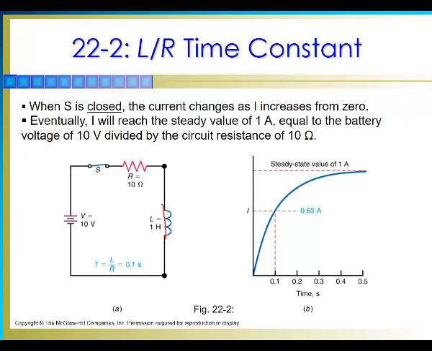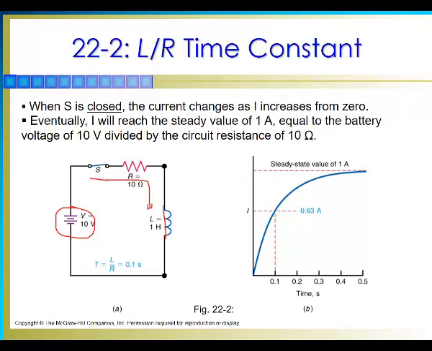In other words, if we have a DC voltage applied to this circuit, the inductor will have no reactance because there is no change in current. The current will be 1 amp because 10 divided by 10 equals 1, so 1 amp will be the steady state current of this circuit.